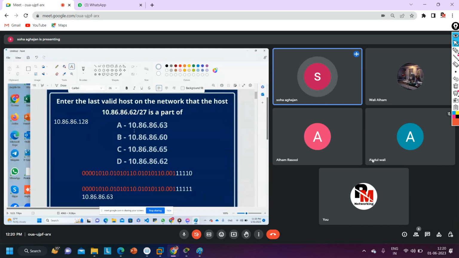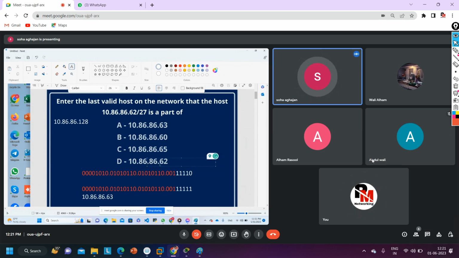In here, first I convert the IP address to binary. And then as it is /27, we have five host bits, right? And the rest of that is network. Then I change all hosts to 1 bit, and when converted to an IP address again, you can get the broadcast. Just 1 less than broadcast is going to be the last valid host.